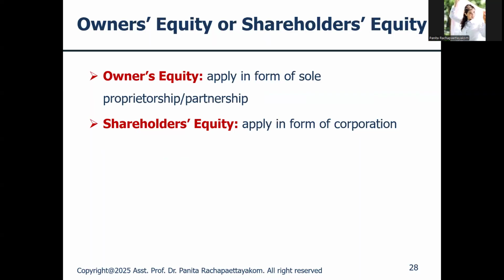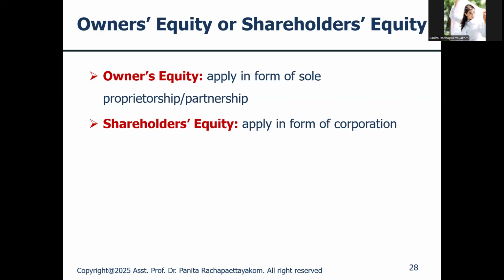So the last one is equity. Owner's equity is also called shareholders' equity. In a sole proprietorship or partnership, it is called owner's equity, but in the form of corporations, we call this part shareholders' equity.